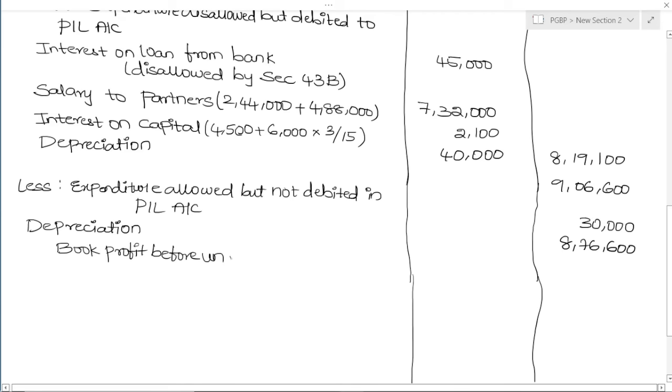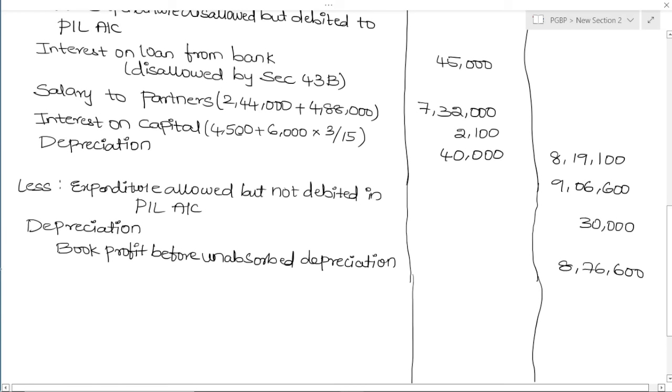Now in the question, in the additional point, they said unabsorbed depreciation is 50,000 and brought forward business loss is 8 lakhs. Correct. Now as per the rule, you remember what the rule is? Sir, we can deduct unabsorbed depreciation to know the actual book profit.